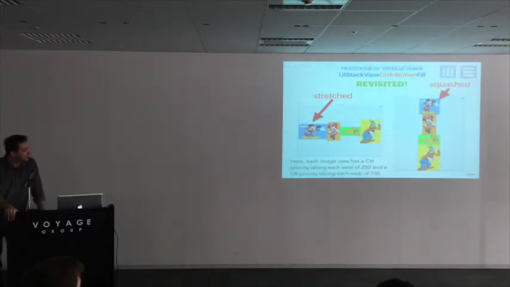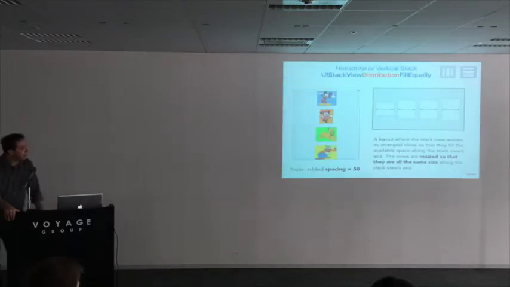So going back to the one I spoke about, the fill distribution of the stack view, Mickey is stretched because even though it has the same content hugging priority as the others, it's the first one. And the same goes for when the views do not fit in the stack view: it will compress it on the right. So you can see the ones that are stretched and squashed in these cases.